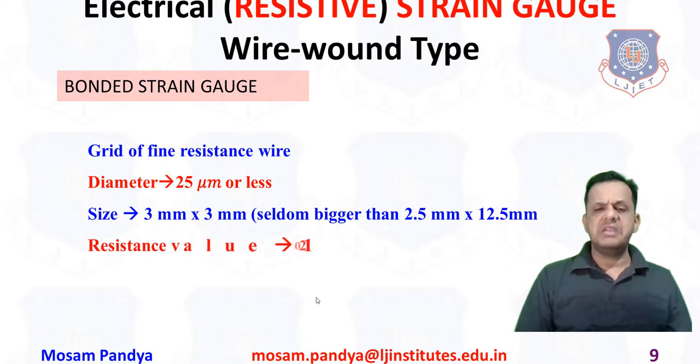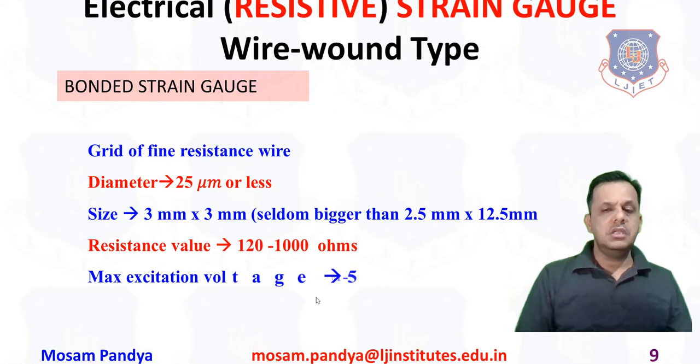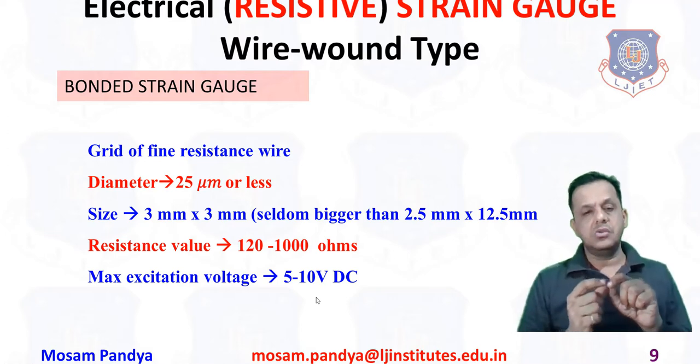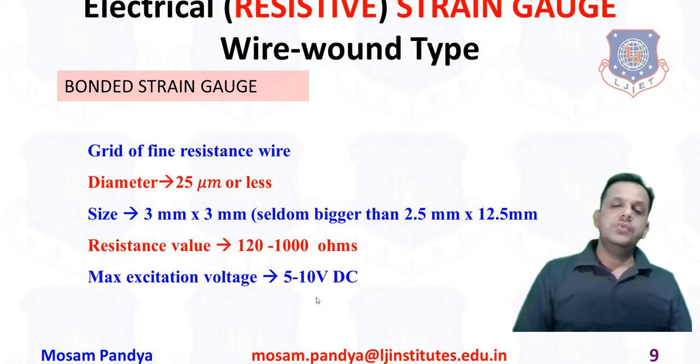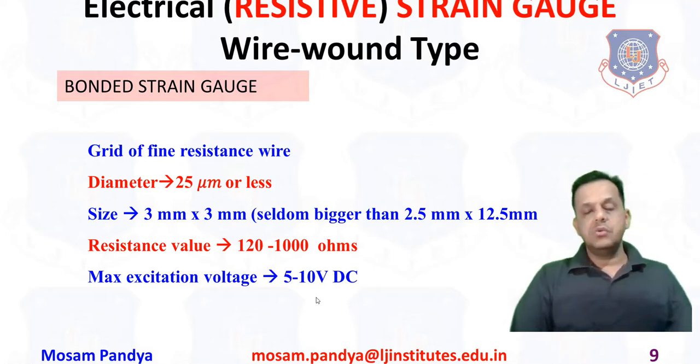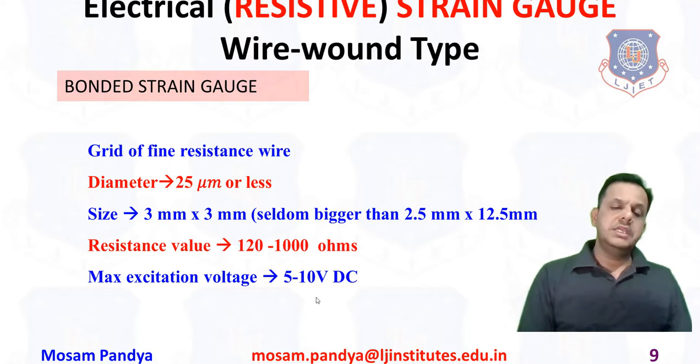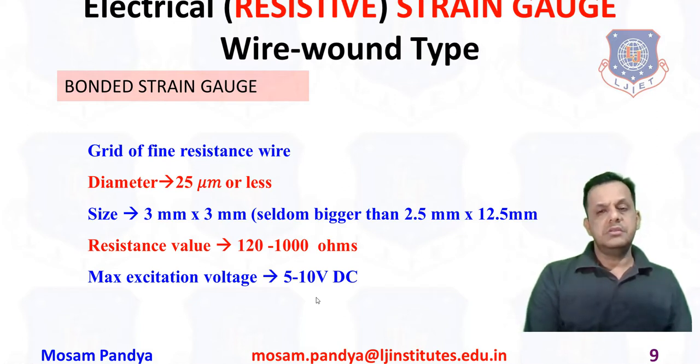The size is 3 mm by 3 mm. Now you can imagine the size of the actual sensor, which can even be fixed on your nail. The resistance value varies from 120 to 1000 ohms for calibration, and the excitation voltage is the usual range of 5 to 10 volt DC that we use with the Wheatstone bridge.